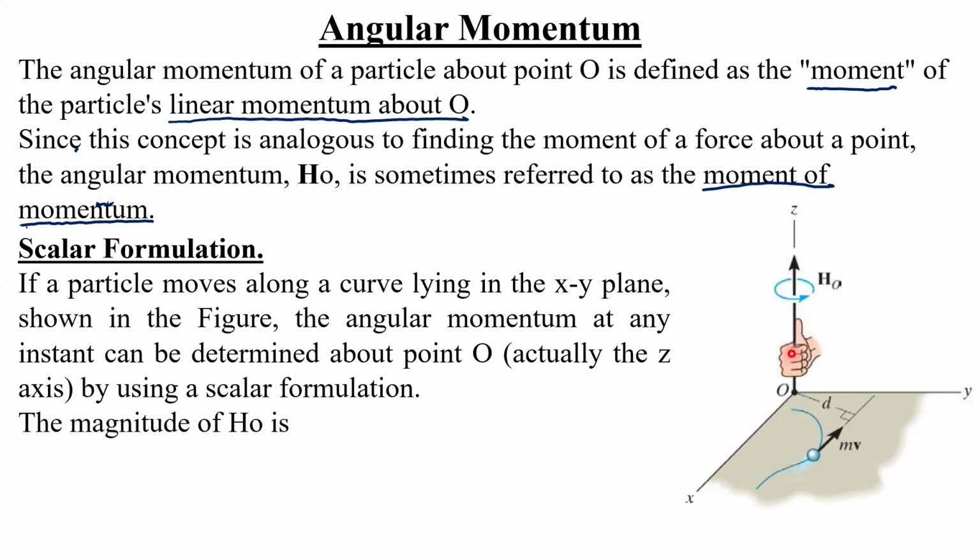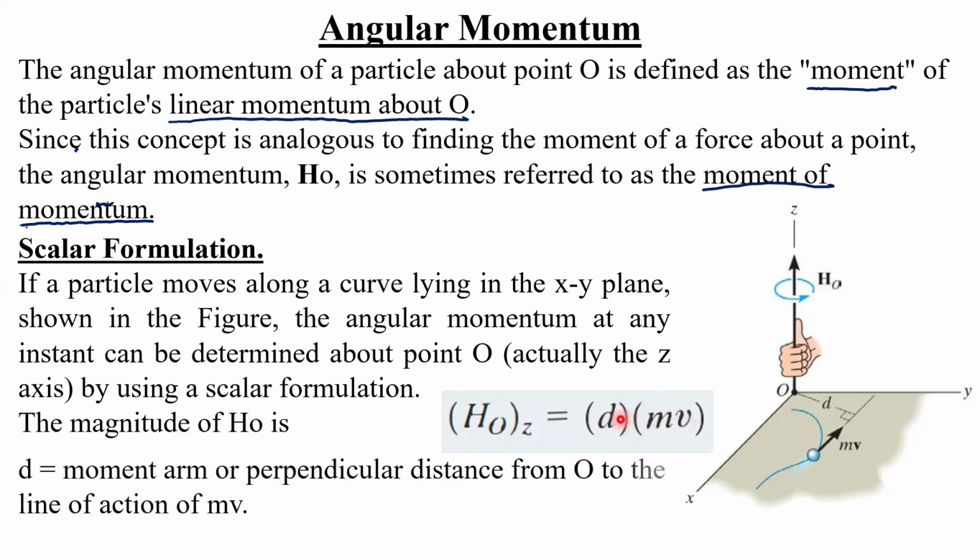So the magnitude of angular momentum H_O about the z-axis is d times mv. That is, d is the moment arm, or the perpendicular distance from O to the particle that is having the velocity mv, or that possesses velocity v with mass m.